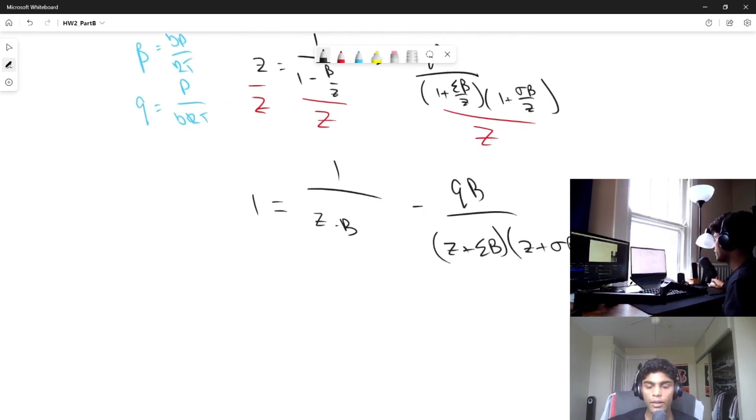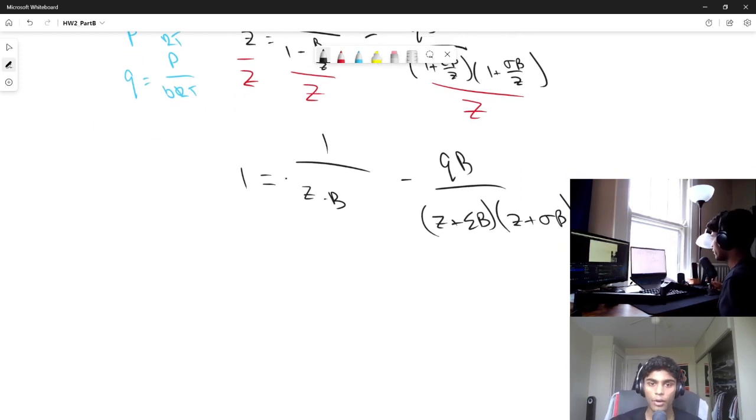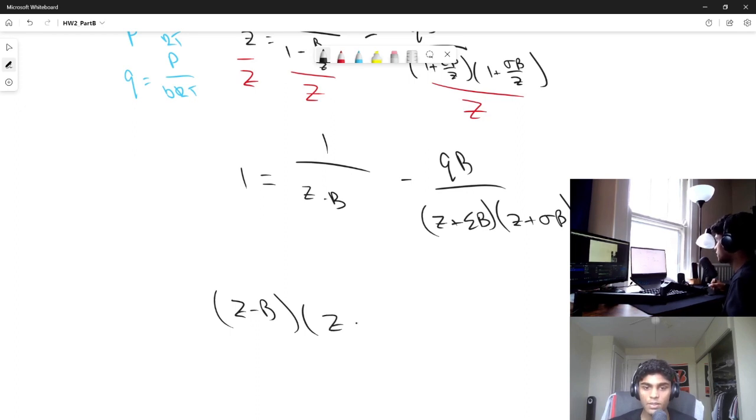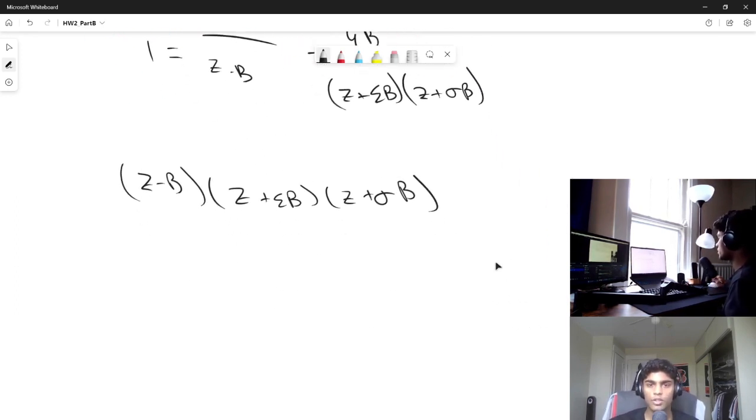And let's go ahead and get our common denominator out here, right? So in order to get a common denominator, we just need to multiply this side by Z minus B. So if we do that, Z minus B is equal to, or sorry, Z minus B times Z plus epsilon B and Z plus sigma B. And we just go ahead and start distributing this out.